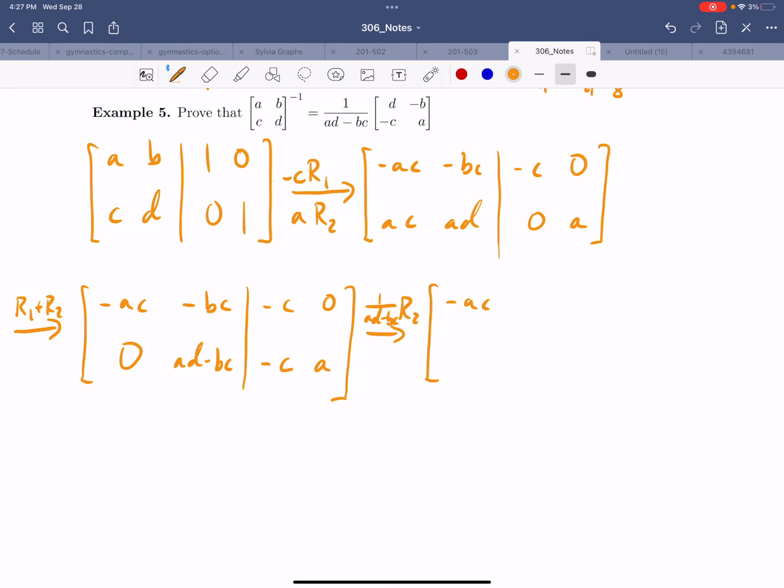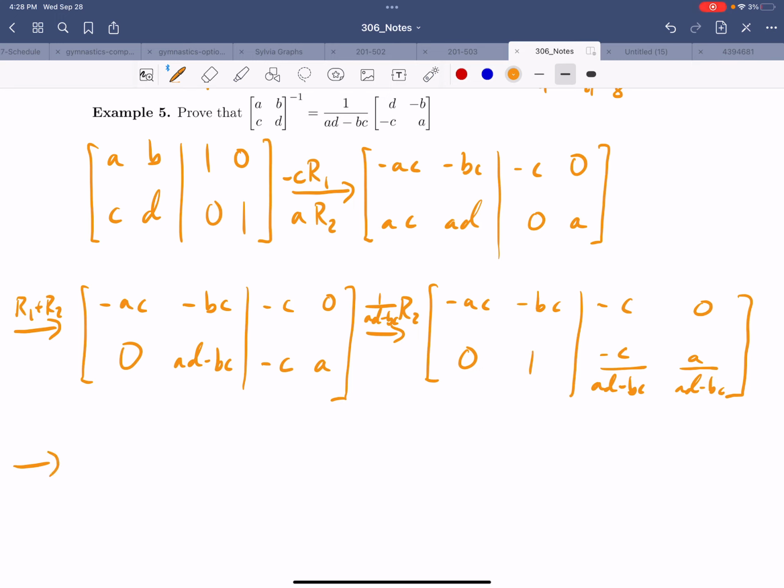So you get negative AC, negative BC, negative C, 0. But here we get 0, 1. Well, that's a lot nicer. And then we get negative C divided by AD minus BC, A divided by AD minus BC. Okay.